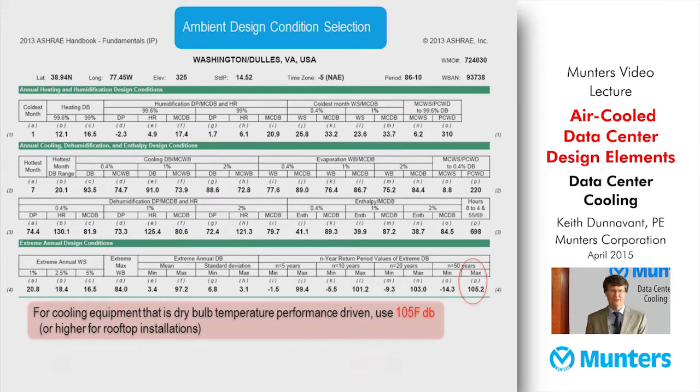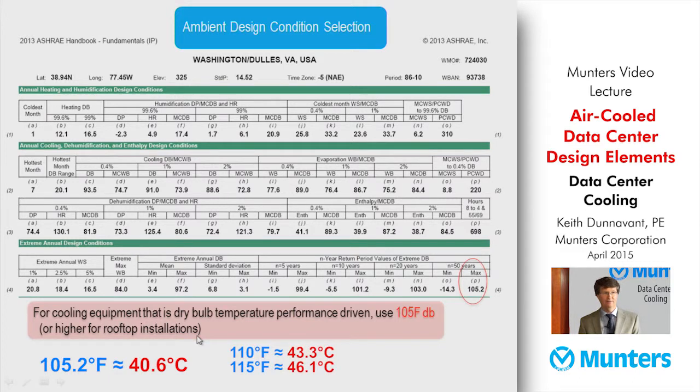So if you're sizing cooling equipment that is dry bulb driven, such as air-cooled chillers or air-cooled condensing units on packaged rooftop equipment, you would usually select 105.2 as your design temperature. Or if it's on the roof, you may go even higher, to 110 or 115, to account for additional heat that's being picked up from the roof.